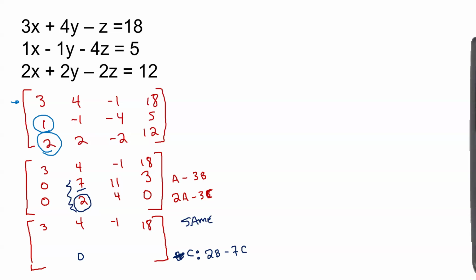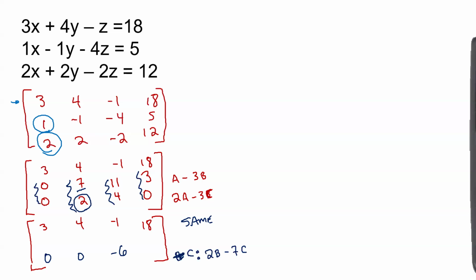Okay. Fortunately, out here on the front, 2 times 0 minus 7 times 0, 0 minus 0 is a 0, and I maintain that 0 right there. When I do this one, I've got 2 times 11, 22, minus 7 times 4, 28. 22 minus 28 would be a negative 6.